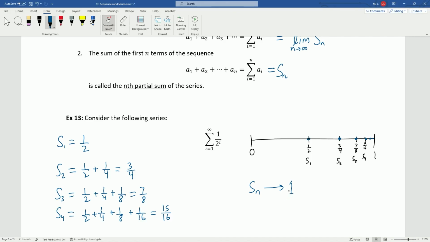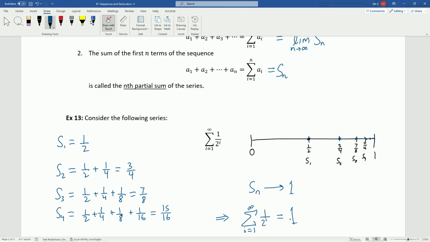So these partial sums are approaching 1, and that's what we mean when we ask, what is the value of the series? We're asking, what number are the partial sums approaching? Right? So this series is equal to 1.